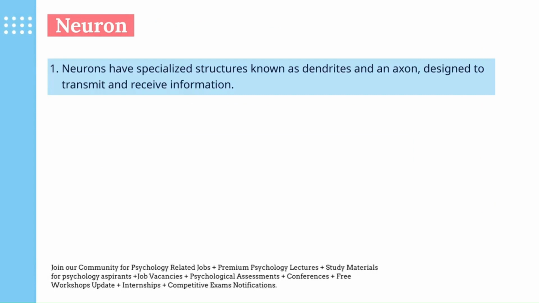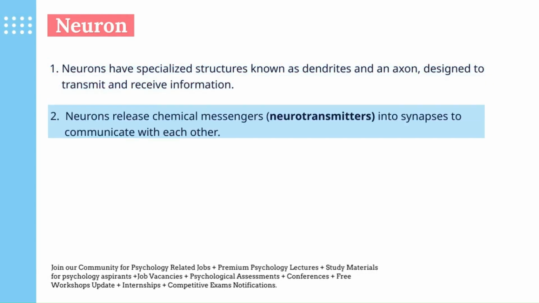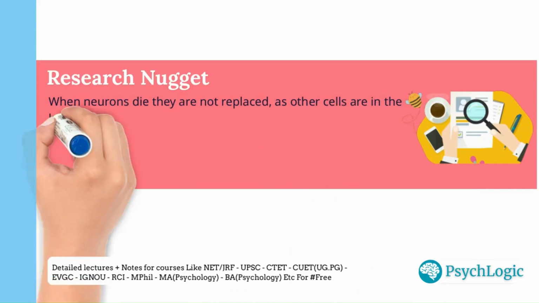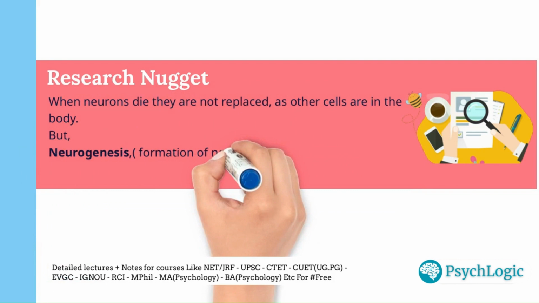So how are neurons different or unique? They have a specialized structure known as the dendrites and the axon, which is designed to transmit and receive information. Neurons release chemical messengers known as neurotransmitters into the synapse, or the space between the nerve cells, to communicate with each other. Generally, when neurons die, they are not replaced as the other cells in the body are.